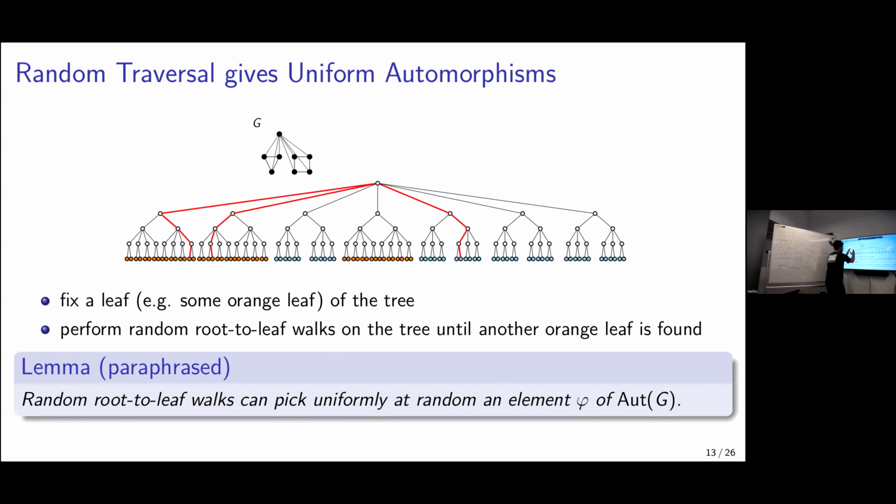So we can give a one-to-one mapping from the orange leaf we picked first to this other potential leaf, and the tree will look the same everywhere. So the probability to choose the specific subtree where the leaf is in is the same for every leaf. So we get equal probability for all of the leaves, which in turn gives us equal probability for all elements of the automorphism group. So it gives us a random element of the automorphism group.